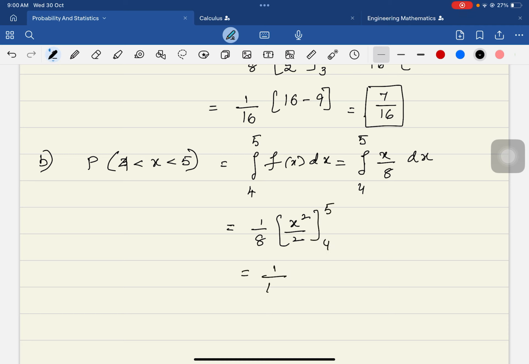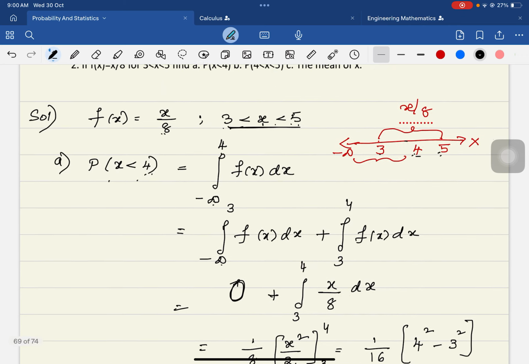So that gives you 1 over 16 times the upper limit minus the lower limit, that is 1 over 16 times 25 minus 16. That value gives you 9 over 16. This is the probability of x lying between 4 and 5.